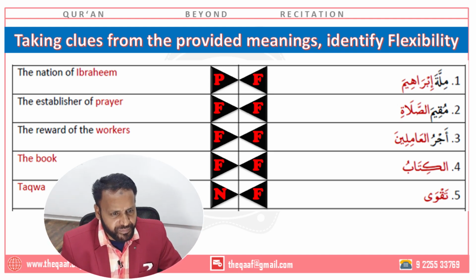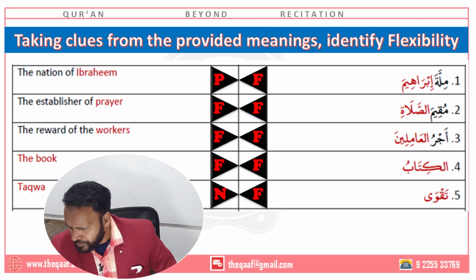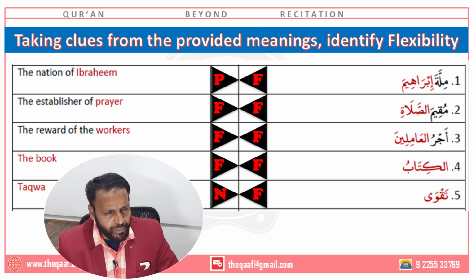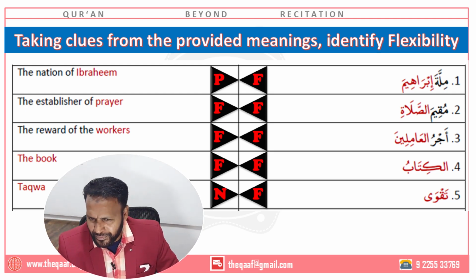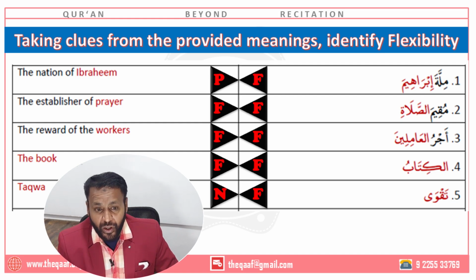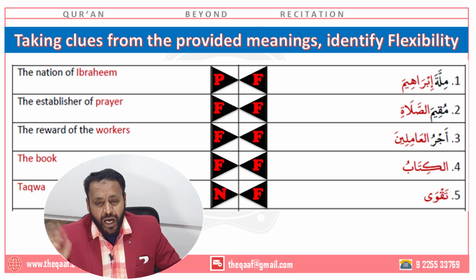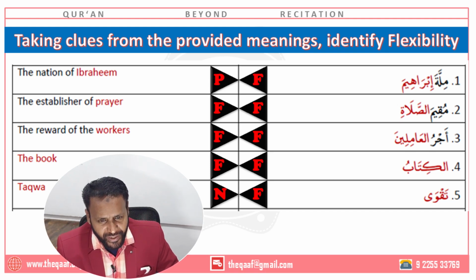What about this? Al-Kitabu, the book. Fully flexible. Why? Because of al? No. Al is not the reason. I can remove al. If I remove al, then what happens? It can become kitab.